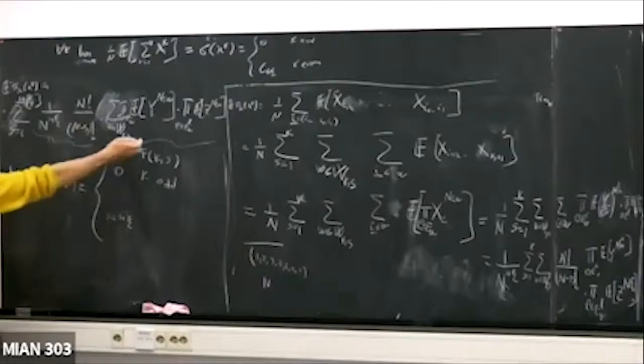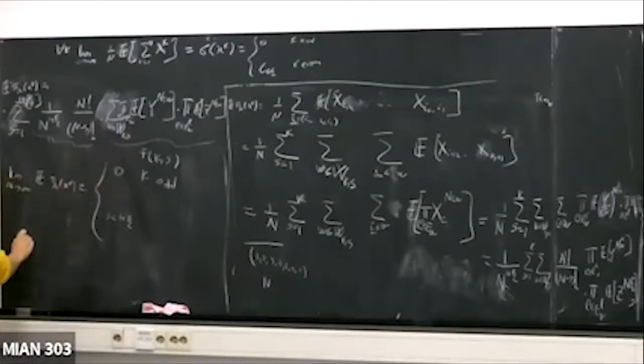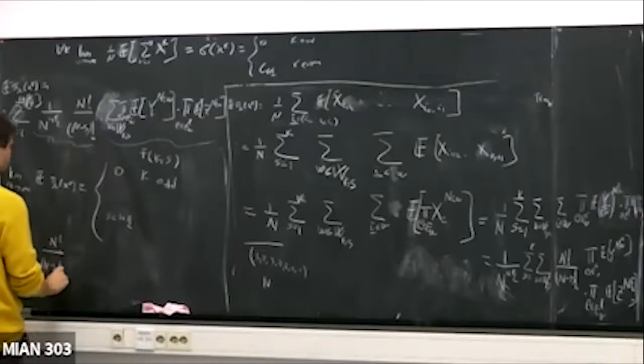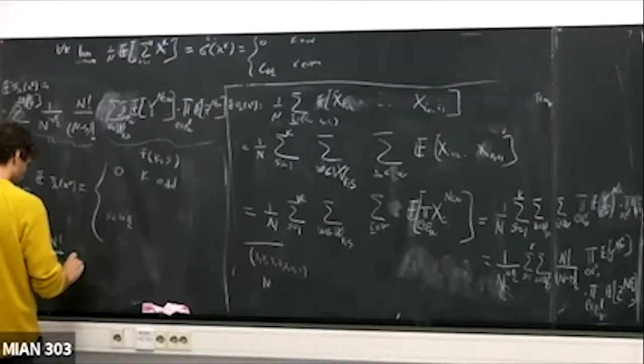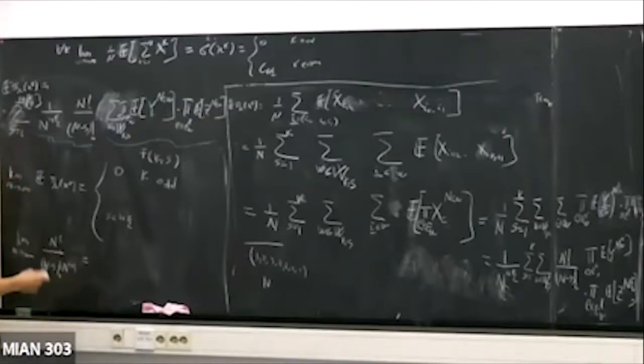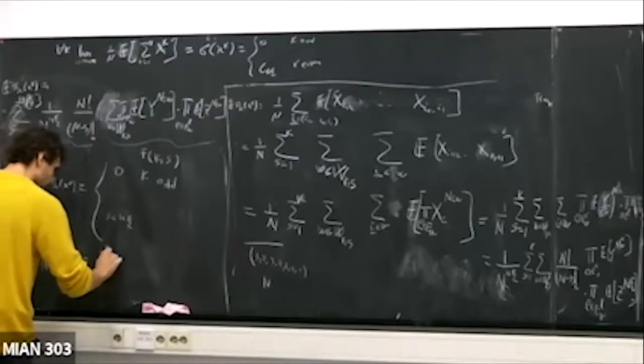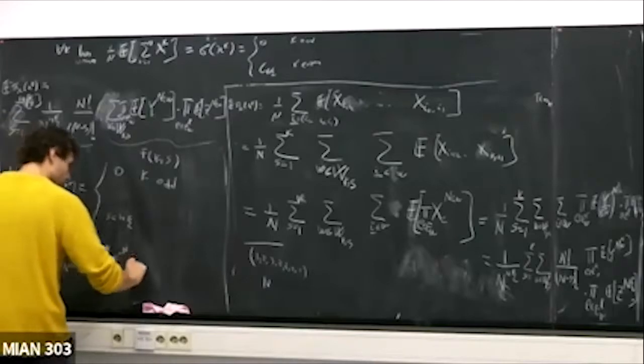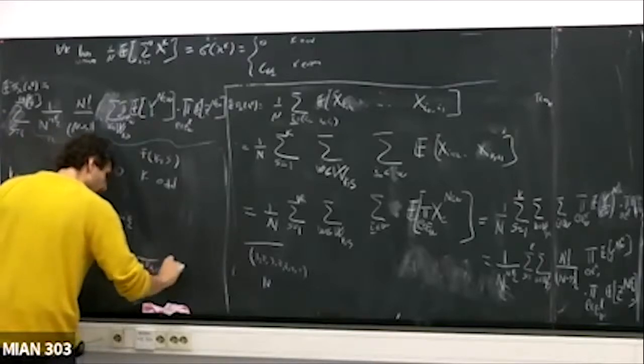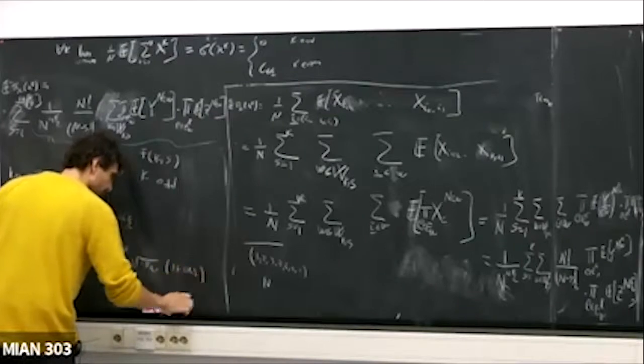Because you see, this doesn't depend on n, and what is the limit when n goes to infinity of n factorial over (n minus s) factorial times 1 over n to the (1 plus k over 2)? Let's use Stirling. This is n to the n, e to the minus n, square root of 2 pi n, times something that goes to 1.